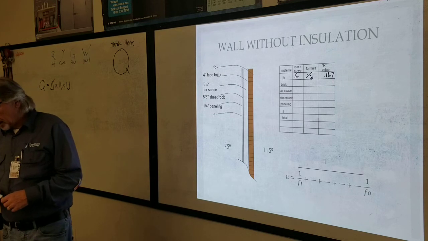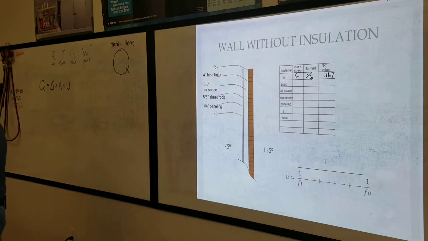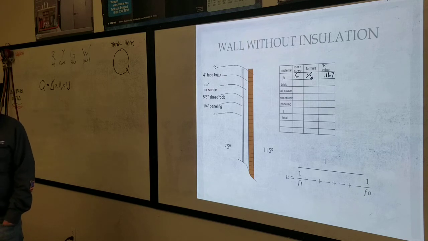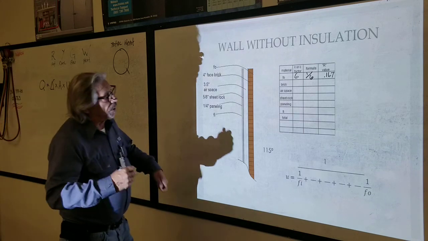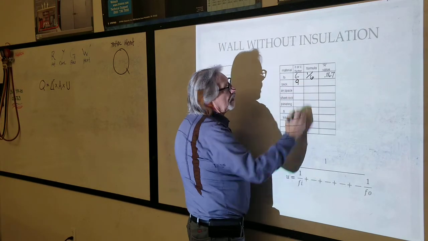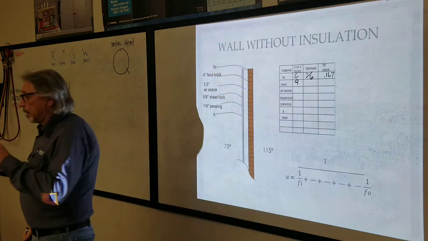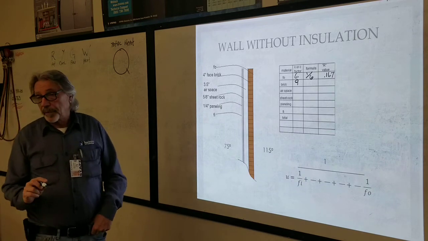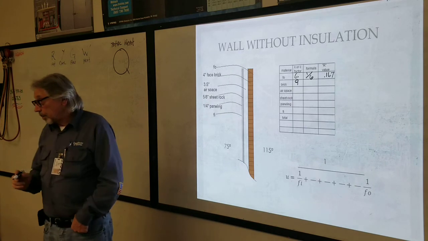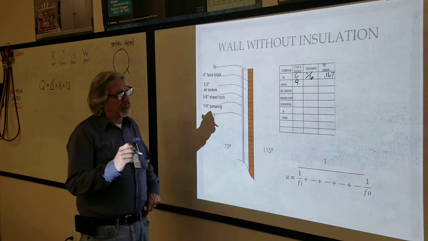Is there a number for high density brick? It's just conductivity, so we're gonna have to figure out what the conductance is. 9 for conductivity. So we've got 9 for conductivity, and because we don't have a standard thickness, we have to put the thickness in there. Follow me?